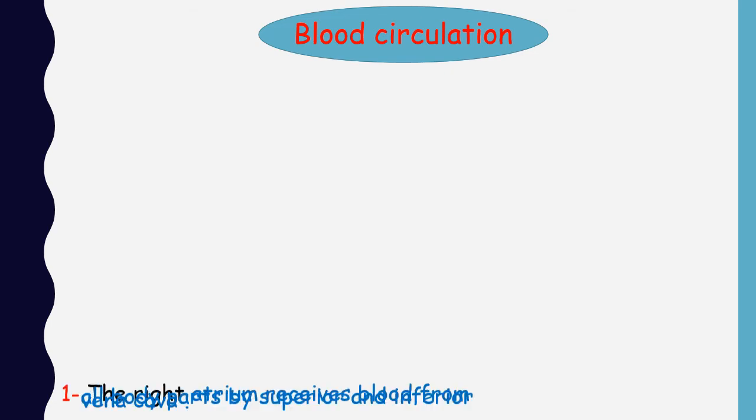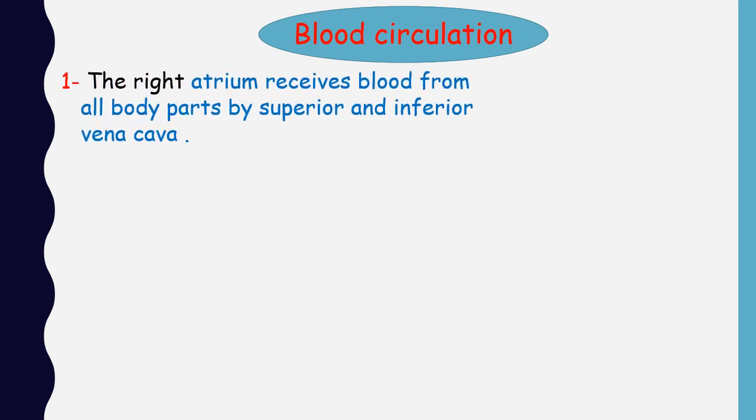Let's talk about the blood circulation, the journey of the blood inside your body. Firstly, we'll start from the right atrium. The right atrium receives blood from all body parts by veins, of course.